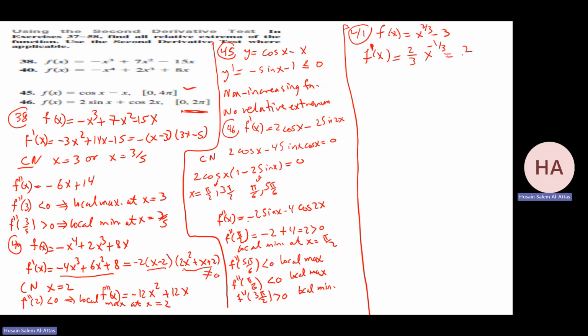So it's 2 over 3, x is 1 over 3. There is a critical number, which comes from f prime does not exist, which is x equals 0. But you cannot do it. Second derivative test is not applicable in this case.